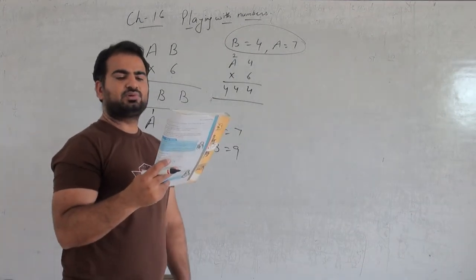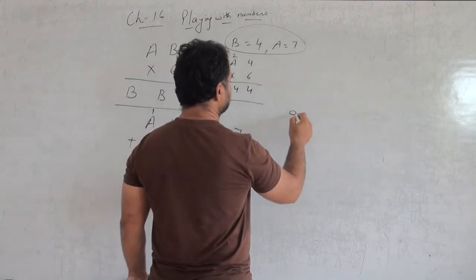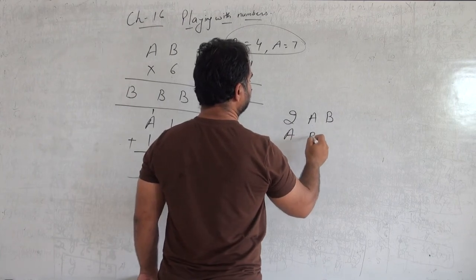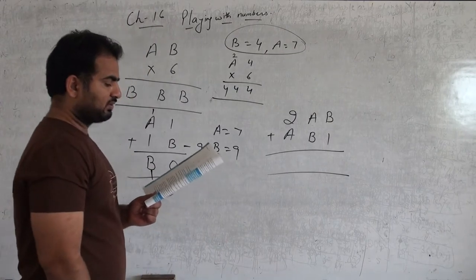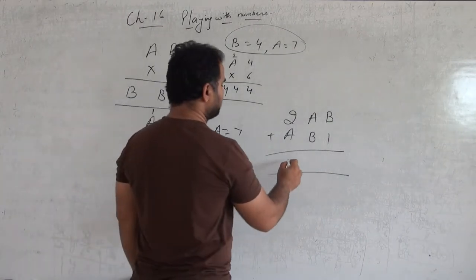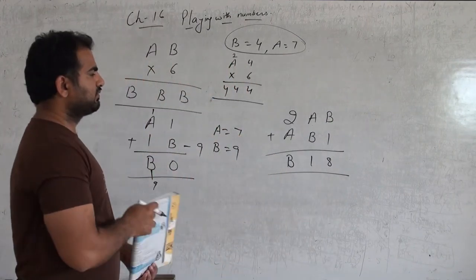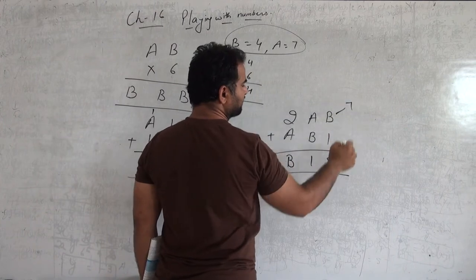Next is 2AB plus AB1 gives B18. Okay. So what should I write there? That it will be 8. B should be 7.